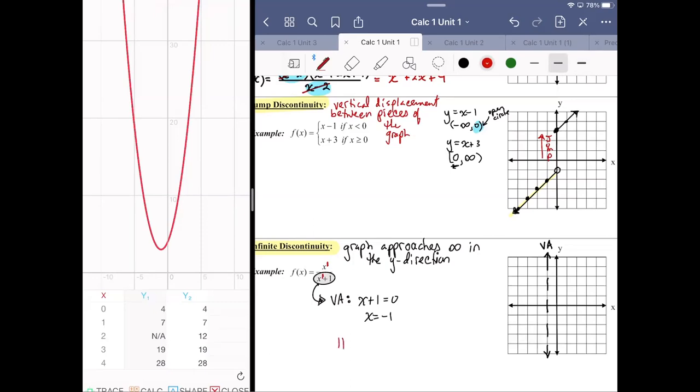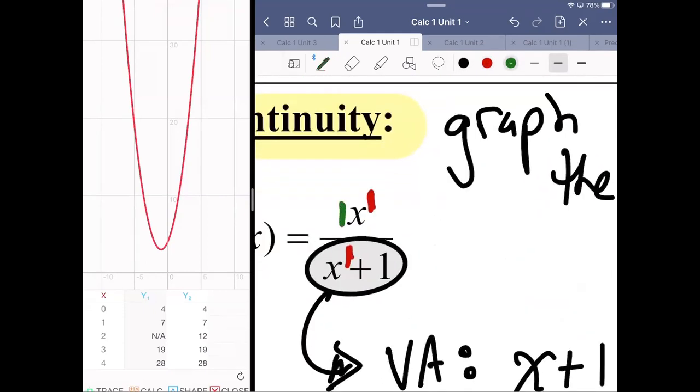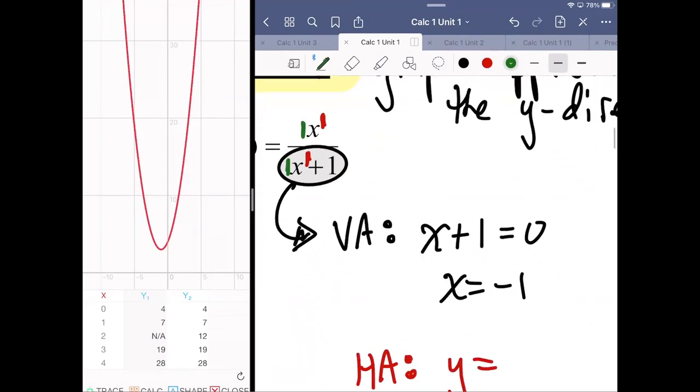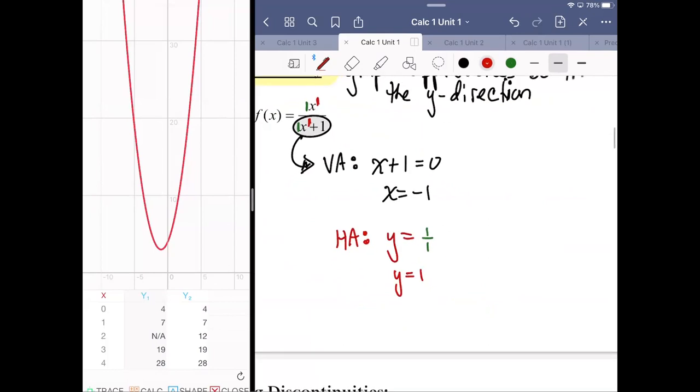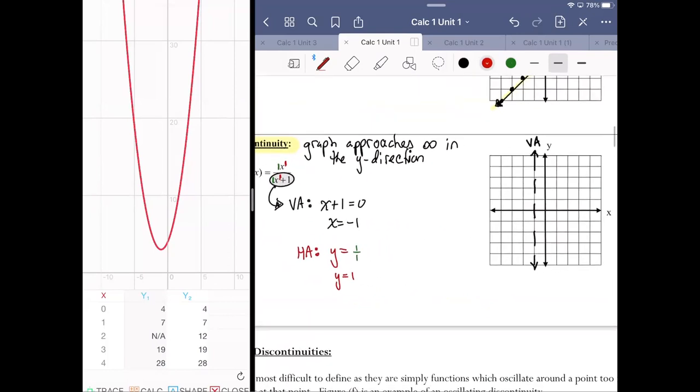So my horizontal asymptote is going to be the ratio of the leading coefficients. The leading coefficient on the top is a 1. The leading coefficient on the bottom is a 1. So my horizontal asymptote is going to be 1/1, which is 1, which is telling me that I have a horizontal line that the graph is going to approach in some capacity.